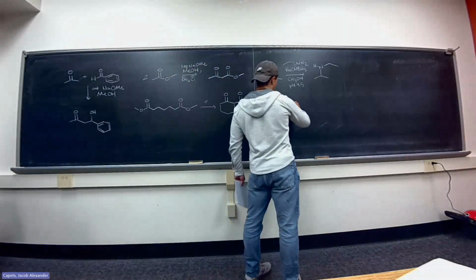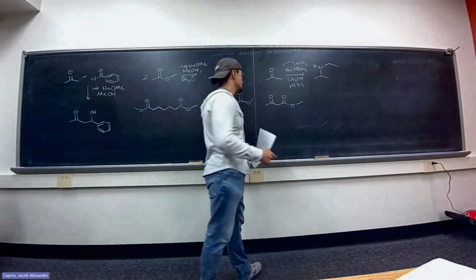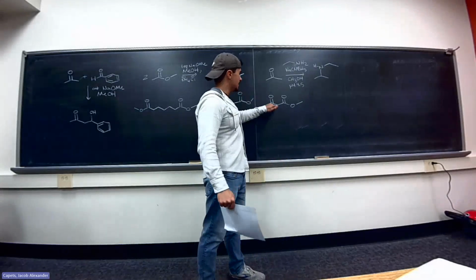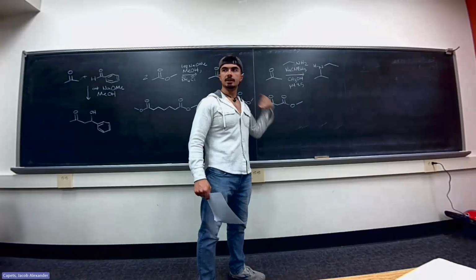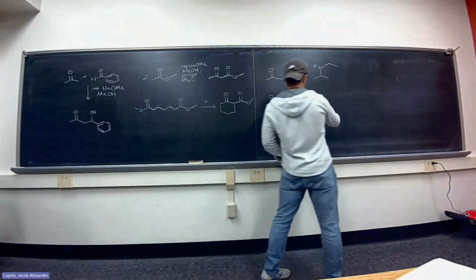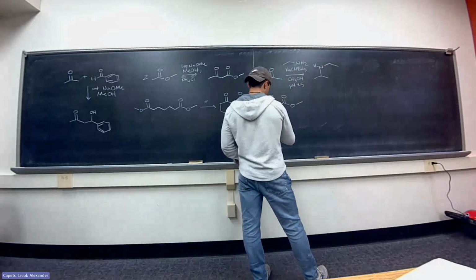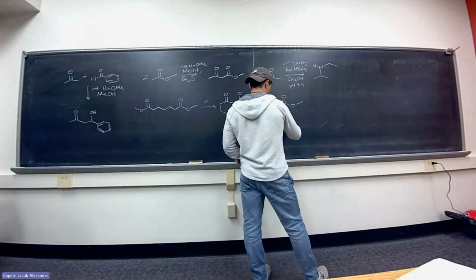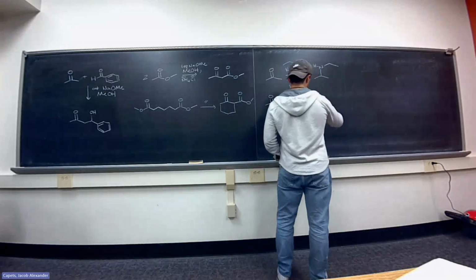So Michael addition. Here you're going to use some dicarbonyl that you'll deprotonate and use as a nucleophile to do a conjugate addition, right? So let's use methyl vinyl ketone.